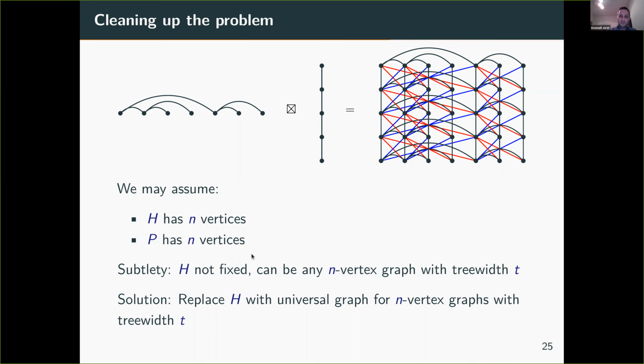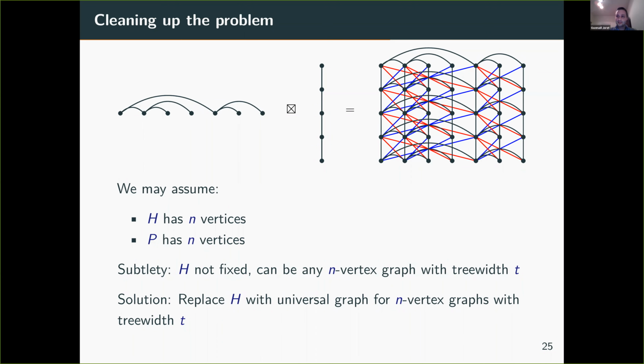So how could we take care of collectively all the n-vertex graphs with tree width t? Well, that's exactly what universal graphs are good for, right? We know how to build universal graphs for bounded tree width, because this is the same as small, bounded size separators. So we have seen a construction of how to do that.